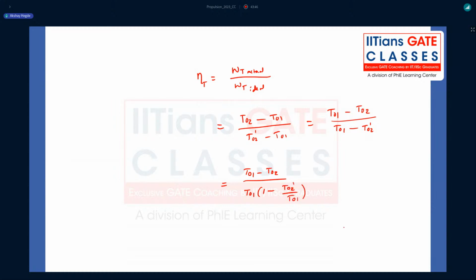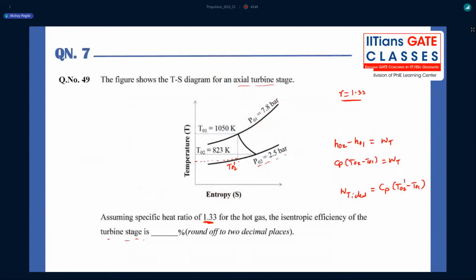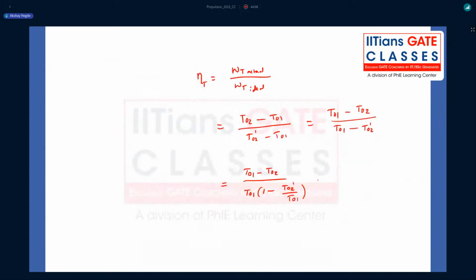Now look at the TS diagram very carefully. T02 dash and T01 both fall on the same entropy line, that is S1 is equal to constant. That means the change in entropy between T02 dash and T01 is 0. So I can use the isentropic relation. As long as it is following the same entropy line, my S2 minus S1 is going to be 0.